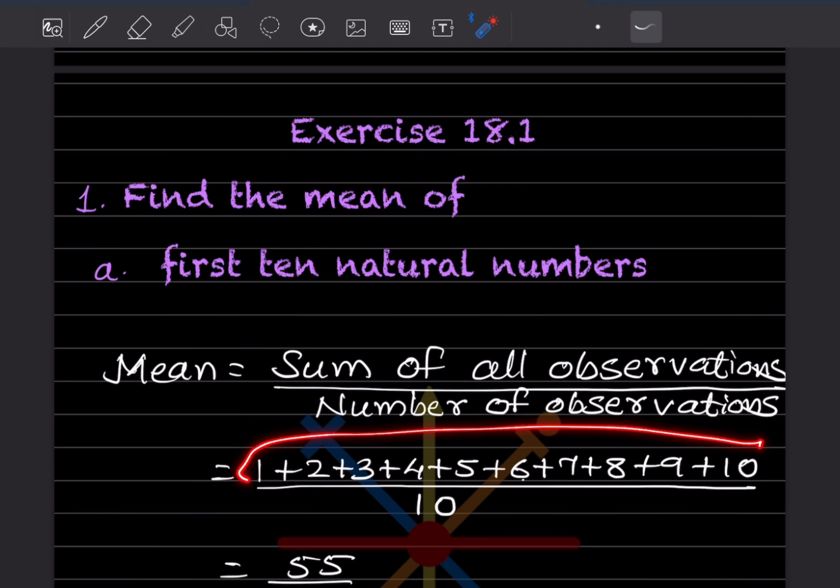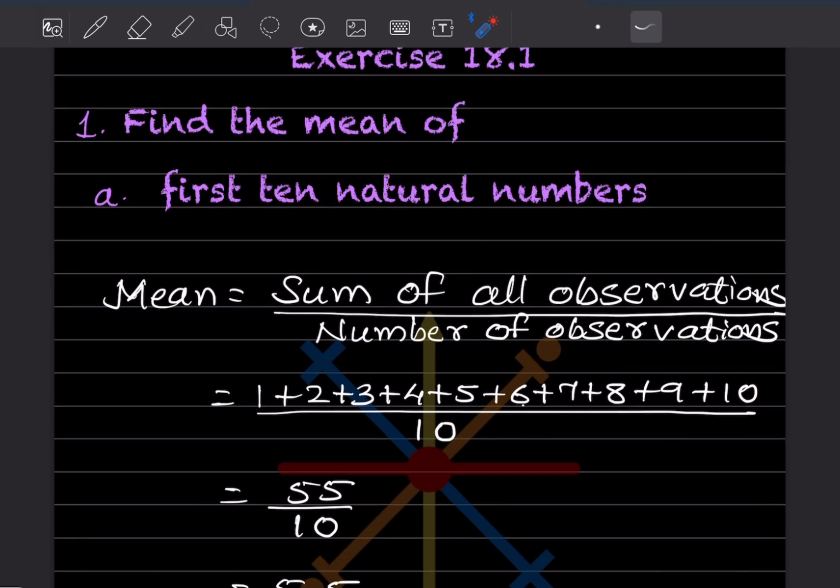When you add, you get 55 divided by 10. Because there is a 1 and 0, 55 goes backwards by 1, so that is 5.5. The mean of the first 10 natural numbers is 5.5.